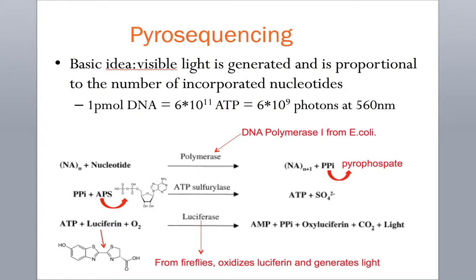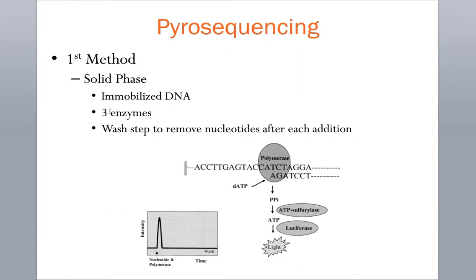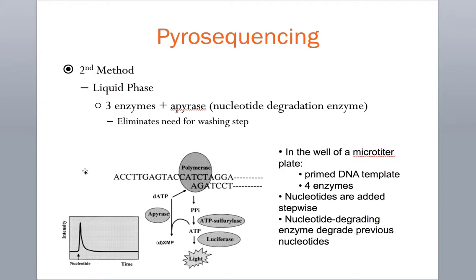So that was the first method. It has the three enzymes I just mentioned, and you have a washing step to remove the nucleotides after each addition. This is what you see in the computer. The second method added a fourth enzyme called apyrase. Apyrase degrades the nucleotides, so you don't need to wash.